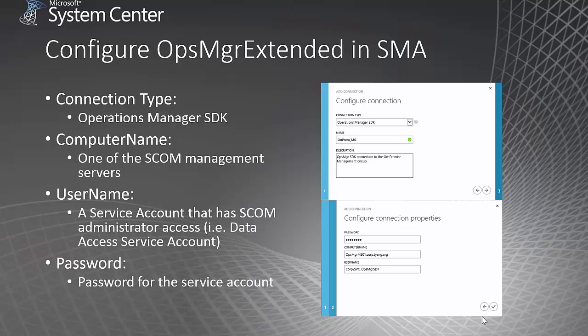So I've created a connection type called Operations Manager SDK. You need to create a connection to your SCOM environment. Just give it whatever name you want, and then specify the computer name of one of your management servers, and the username and password of someone who's got SCOM admin access.